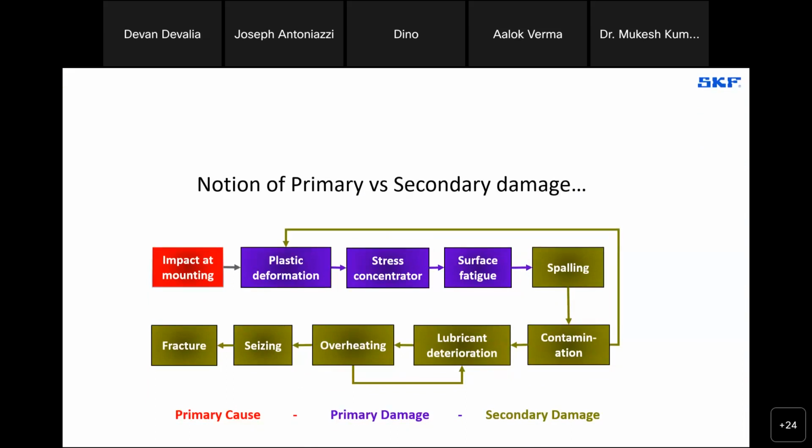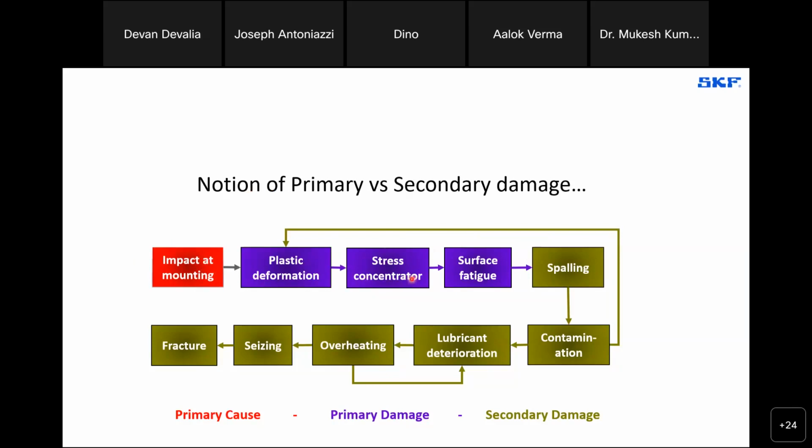The truth is, cataloging the damage is fairly straightforward, but when it comes to recognizing each damage in its various forms, like I said, in different bearing types, in different applications, and unpacking the layers of the damage, trying to get at what the primary cause was. For example, here, impact at mounting was the initial trigger event, which led to plastic deformation.